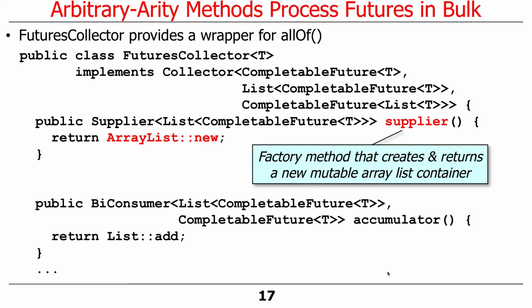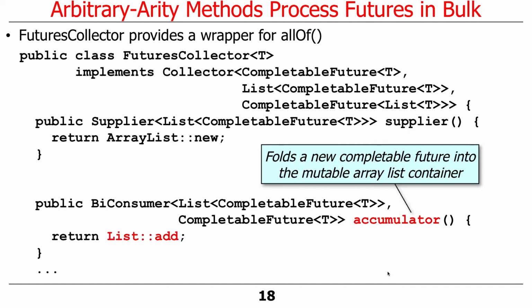So here's what it looks like. And a lot of this stuff looks almost identical to the code that you wrote for array collector. Just a few little tweaks, right? So supplier takes an ArrayList, right? Your array collector took an array, because you wrote an array class. So this just takes ArrayList::new. So this is a constructor reference that makes a new ArrayList. We then have the accumulator method, which is just list add. So it just adds the item to the list.